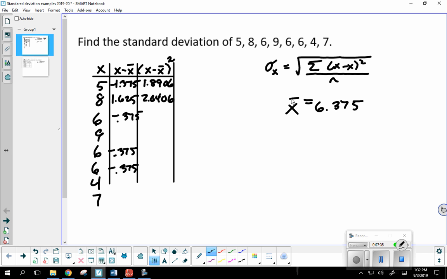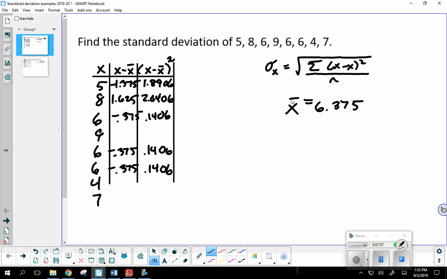You're correct, except no negative. So 0.1406, 0.1406, 0.1406. Okay, 3 to go.